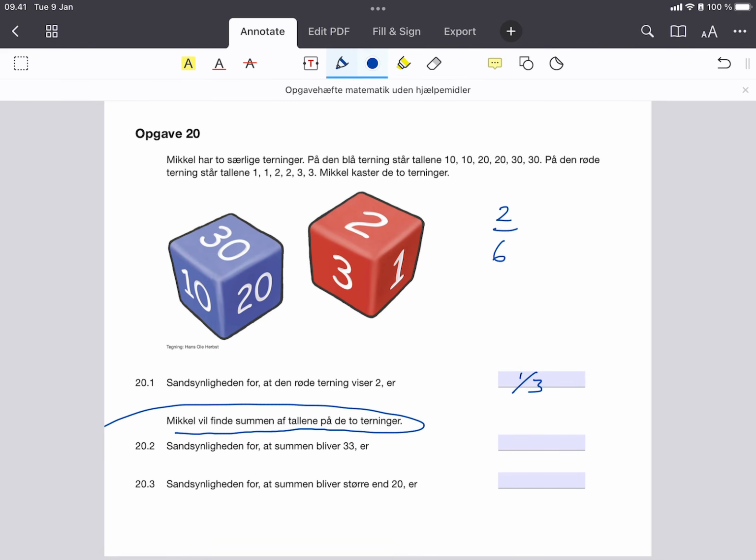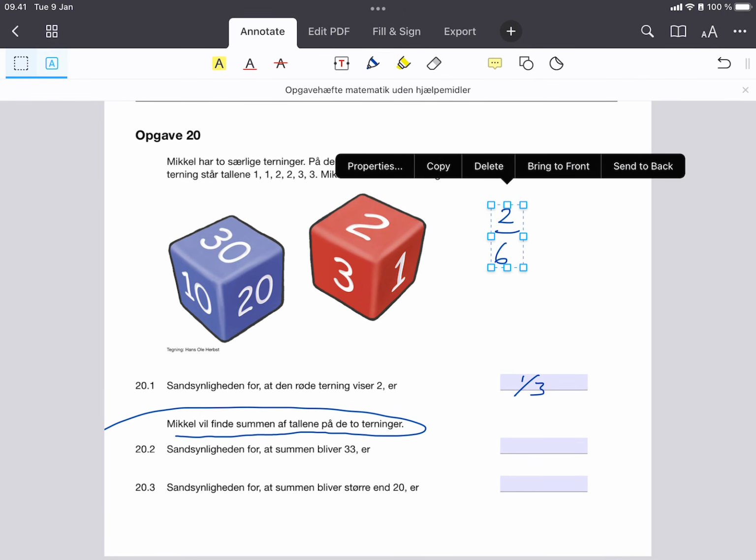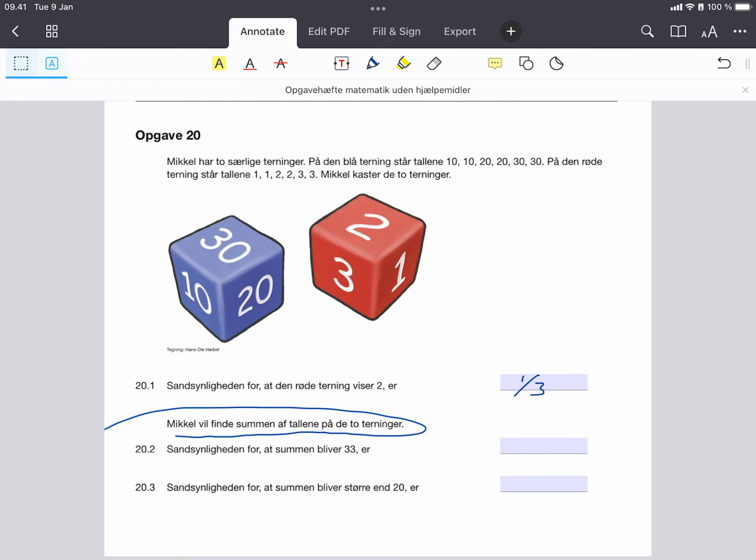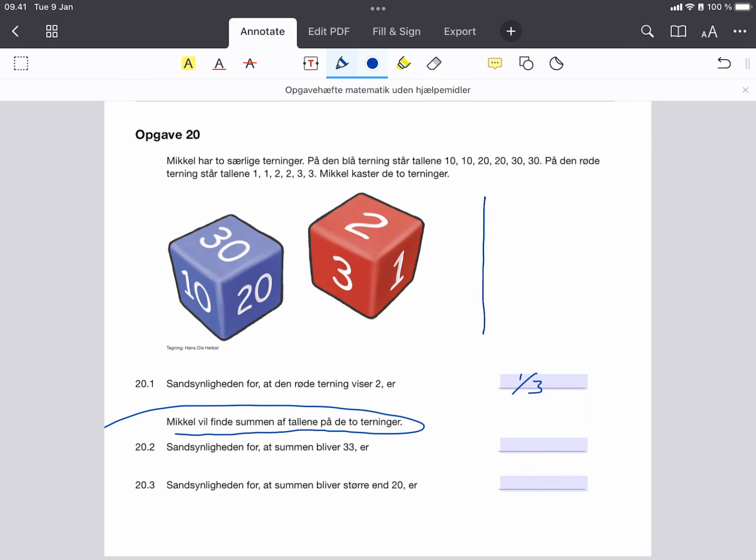Well, what you could do here, and this is going to be a little bit time consuming, but it's a good way to approach it, is to make a table of the possible outcomes. On the blue one, you can have 10, 10, 20, 20, 30 or 30.